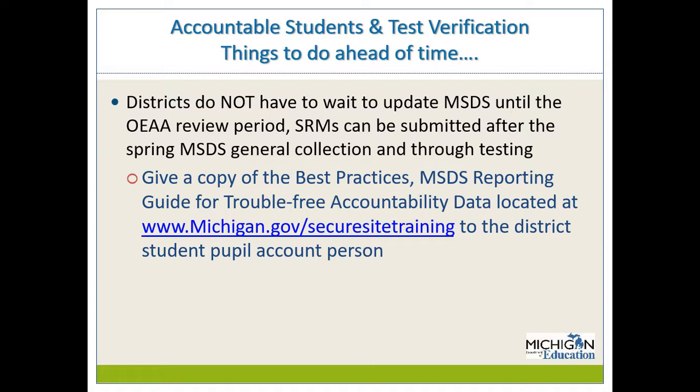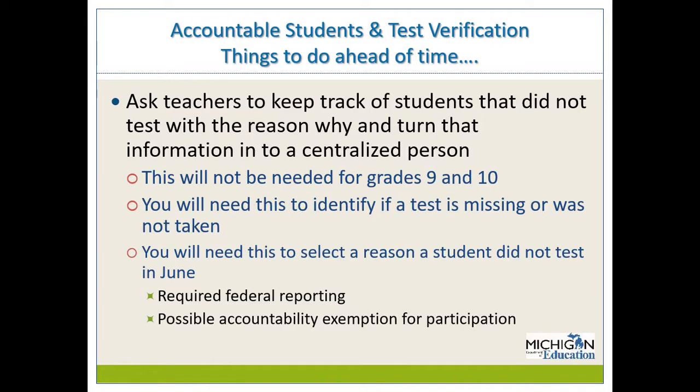Make sure to get a copy of the Best Practices MSDS Reporting Guide for Trouble-Free Accountability Data to your district MSDS user. It can be found at www.michigan.gov/secure-site-training. Ask teachers to keep track of students that did not test with the reason why they did not test and turn it into a centralized person.